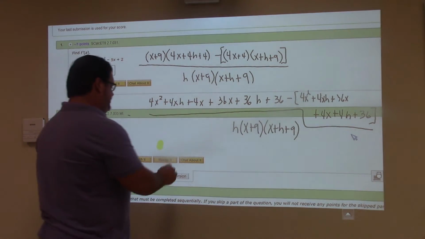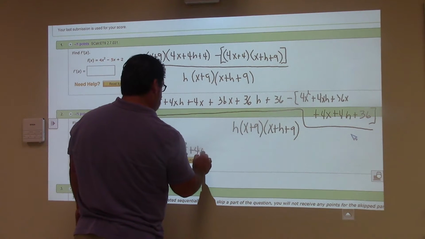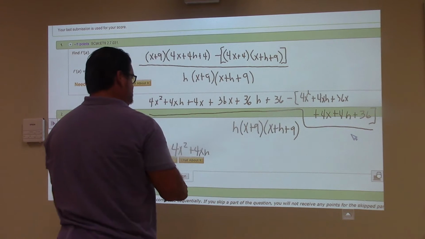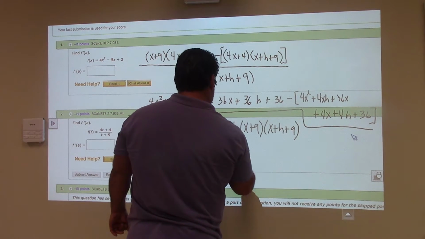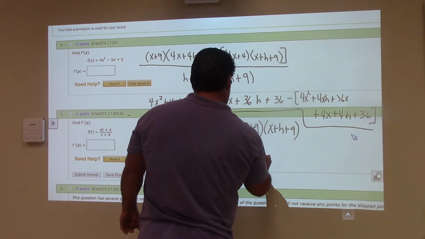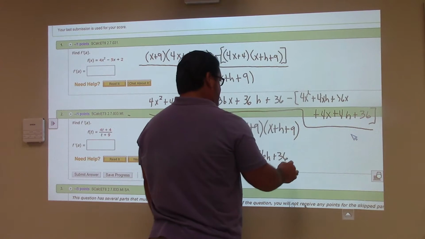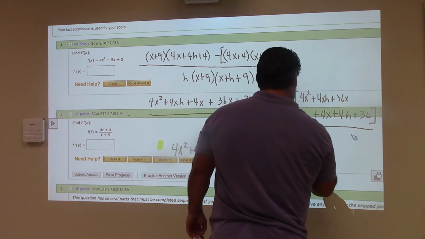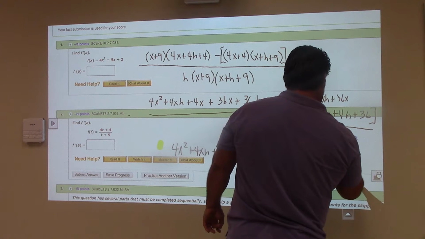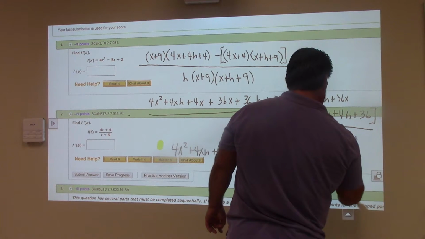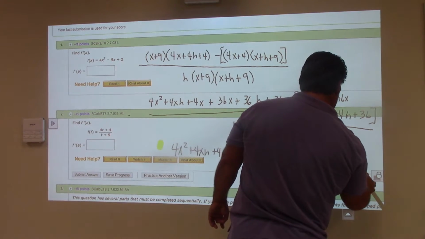So that's going to give us 4x squared plus 4xh plus 4x plus 36x plus 36h plus 36 minus 4x squared minus 4xh minus 36x minus 4x minus 4h minus 36.